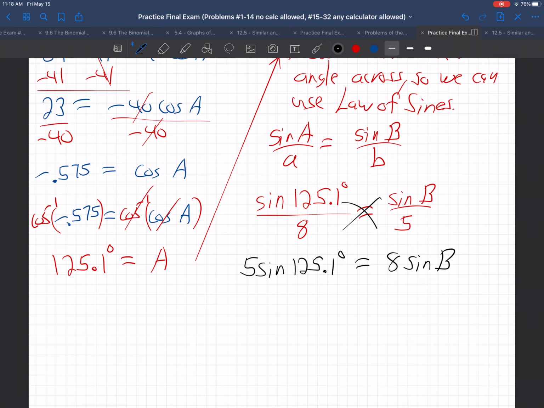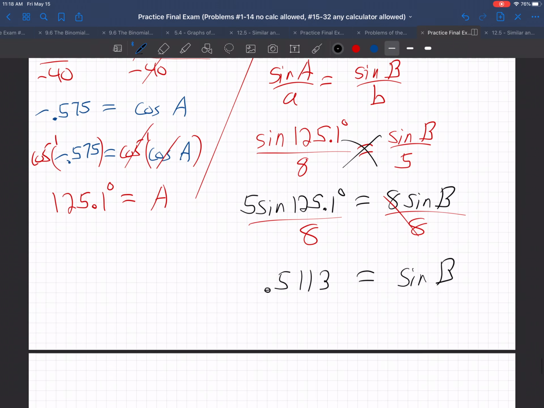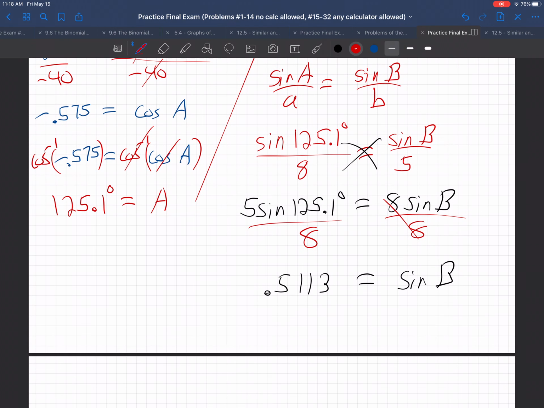To finish solving for B, divide by the 8 on both sides. And so we get sine B, I'm getting 0.5113. Now the last thing is you've got to get rid of that sine, so you know the deal.